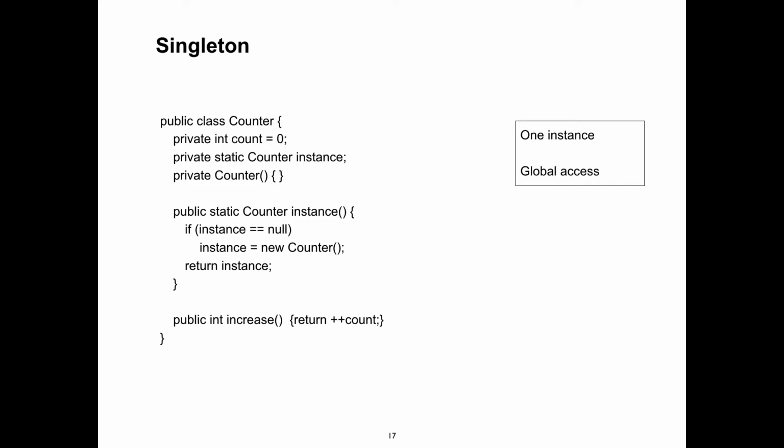And then I make the constructor private, which means the only code that can instantiate it is code in that class, right? And then I create a static method called instance, which checks whether that field is null or not. If it's null, it creates an instance, and then it returns it, right?